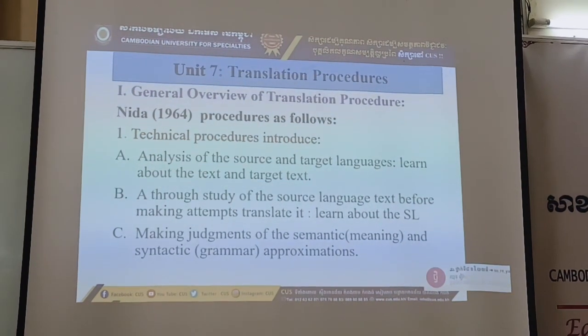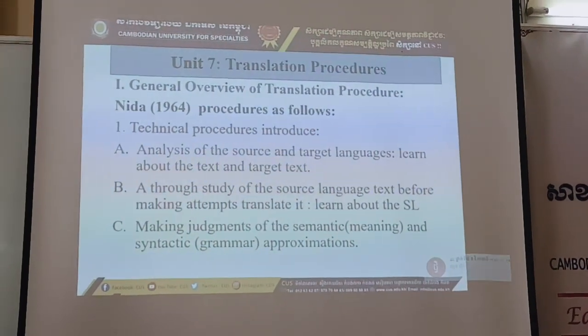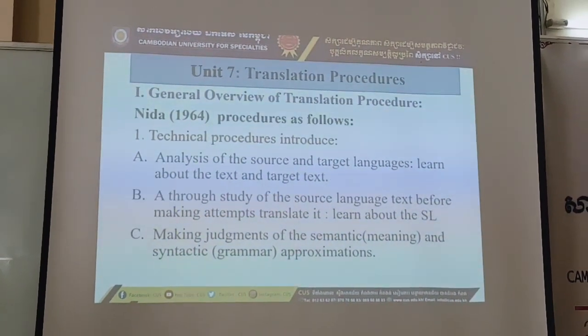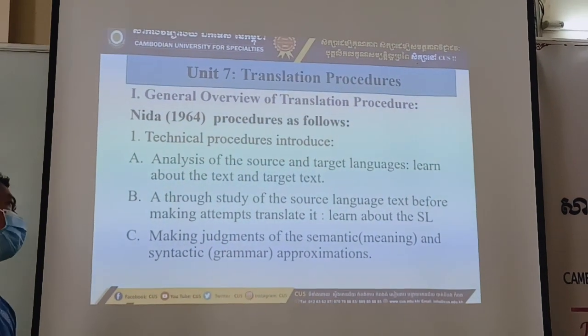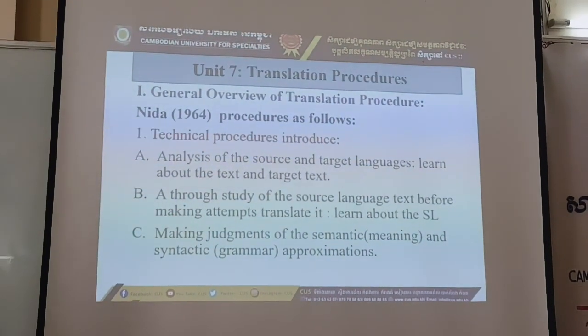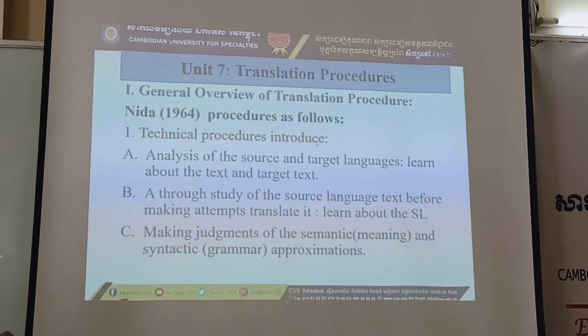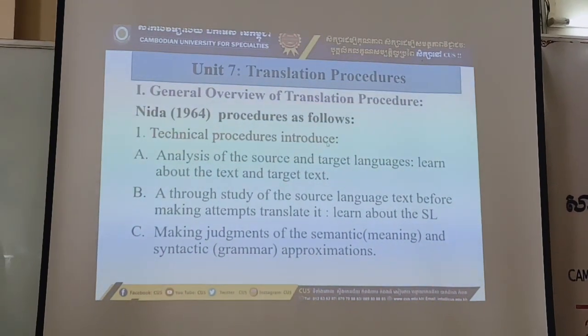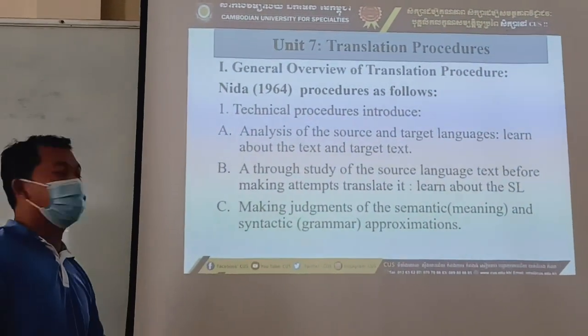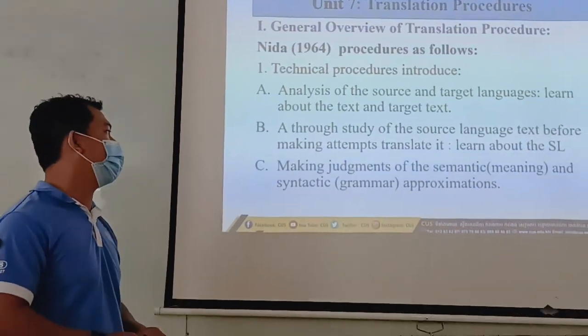What is the meaning of the words or sentences in the whole text? And as well you need to consider syntactics, which equals grammar. So how will you translate and how will you find the translation in the target language which fits the source language?